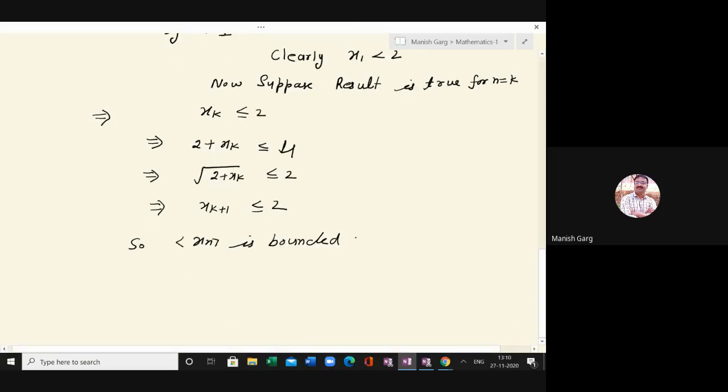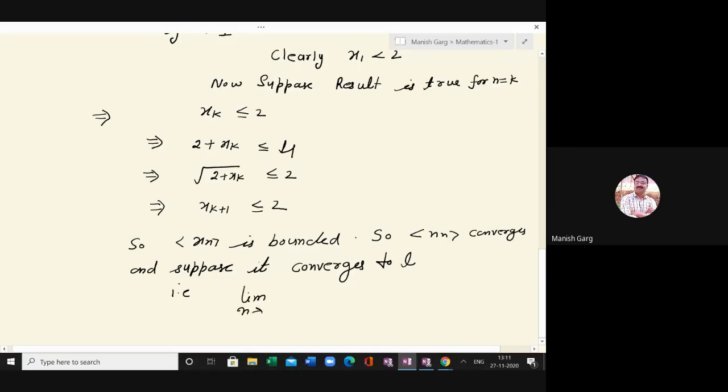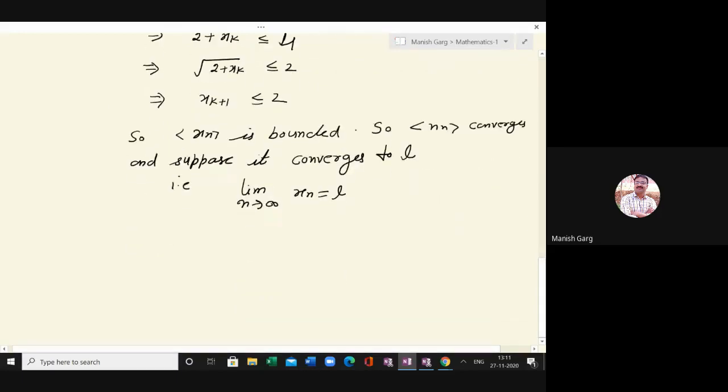So you can say the sequence xn converges. Suppose it converges to L. That is, you can say the limit as n tends to infinity of xn is equal to L. Now be careful.